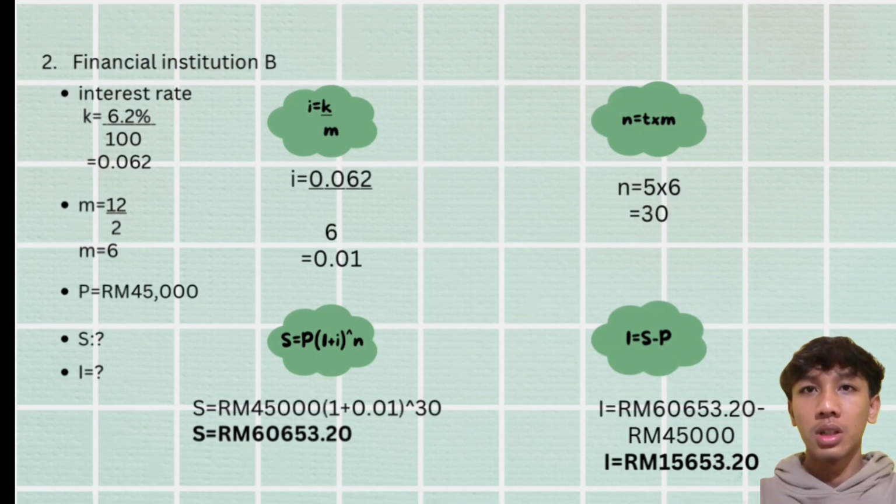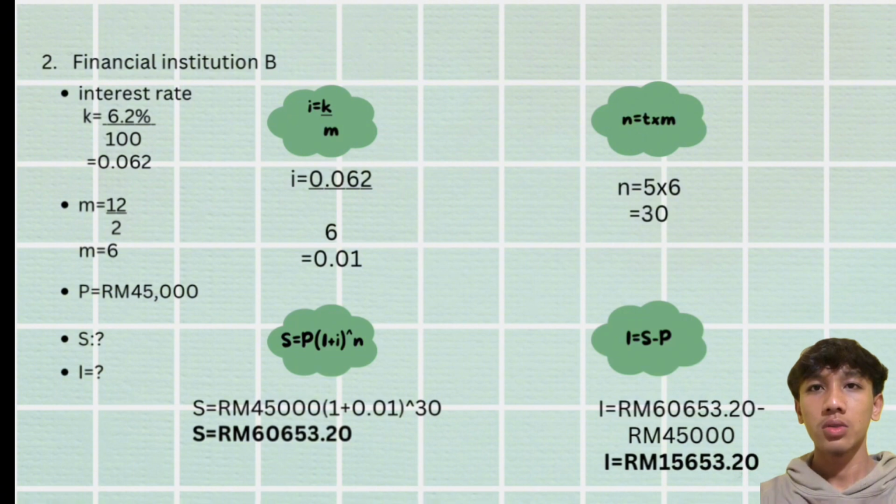For financial institution B, the given interest rate is 6.2%. M is 6 because it is compounded every 2 months. And P is RM 45,000. The values of S and I are unknown. The answer for I is 0.01. Then N equal 5 multiply 6, so the answer for N is 30.